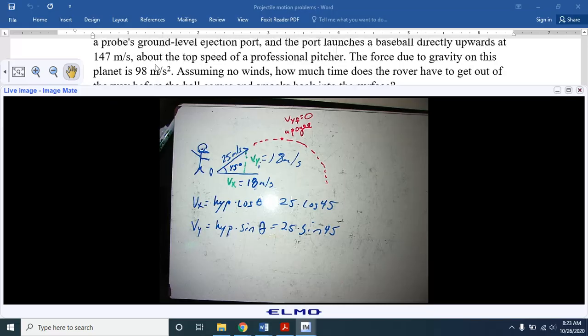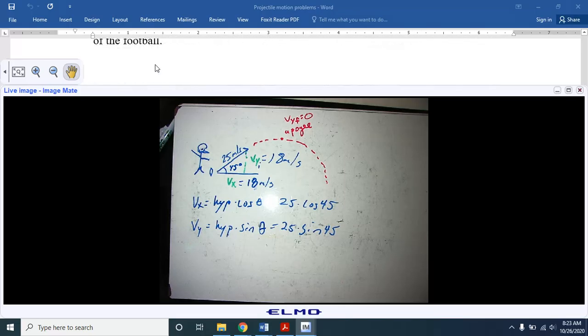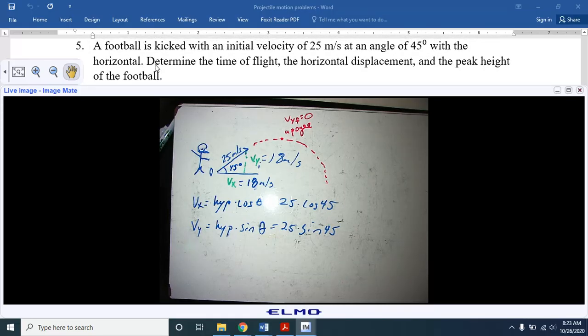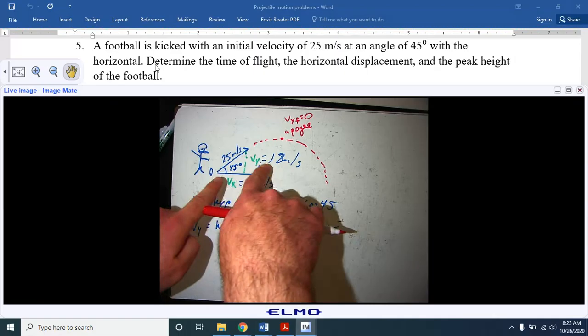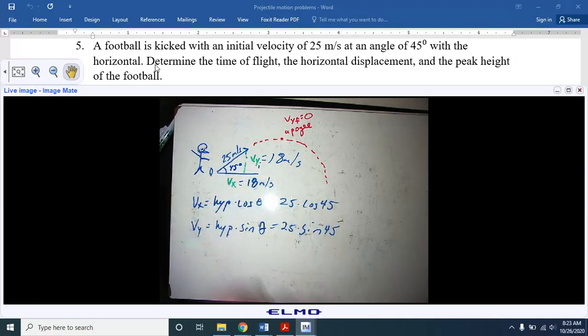How much time did it take to do that? The only difference up to this point is doing this here. You had to take vectors and put them into projectile motion. Now from here, it becomes something we've done before.